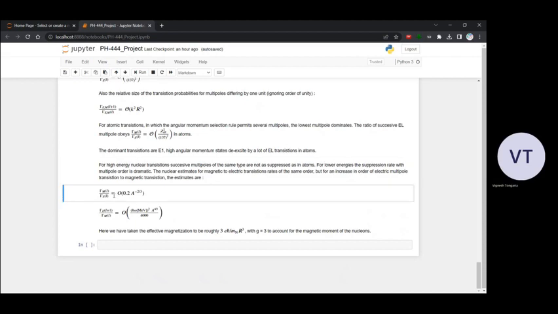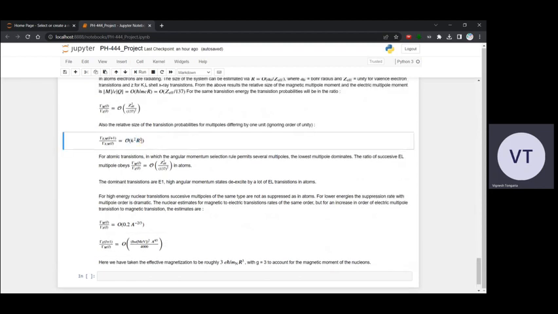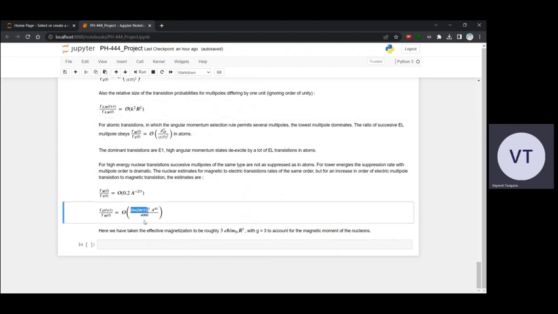So estimating the transition probability for the same energies, we can write it in the order of 0.2 times A to the power minus 2 by 3, where A is the atomic number of the system, and the probability for the L plus 1 divided by the magnetic multipole can be given by this order, where this order comes from this k square r square, and r is assumed to be 1.4 into A to the power 1 by 3 times 10 to the power minus 15, and k square can be written from this part right here.